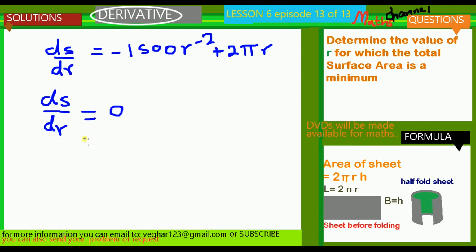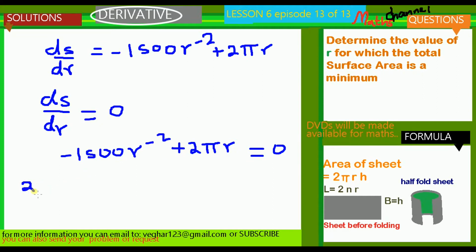So you'll take this one and equate to 0. Then take this to the other side, so you have 2 pi r, and taking this one to the other side, you'll have 1. So changing this one to be in a positive form.